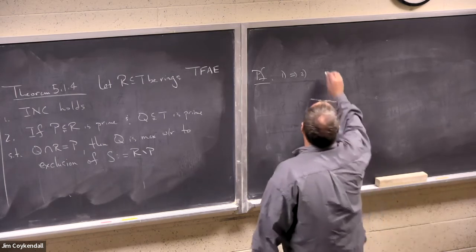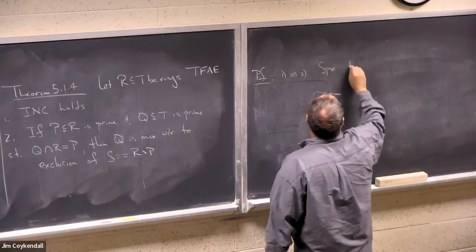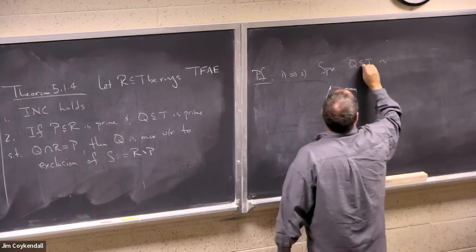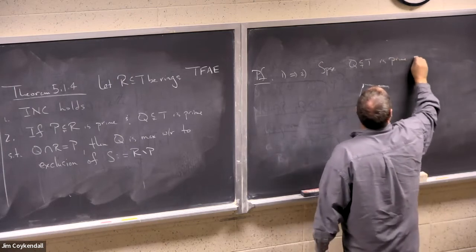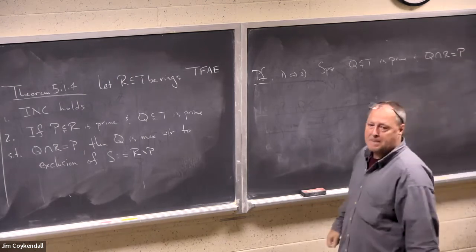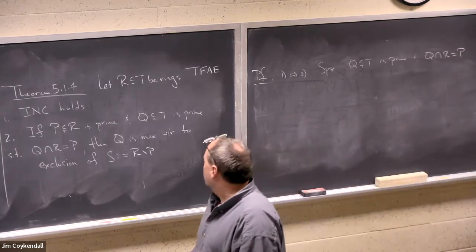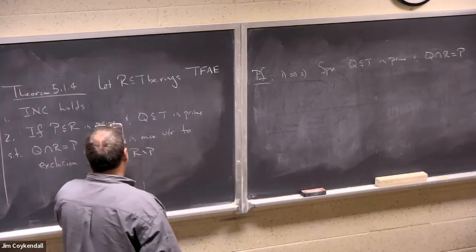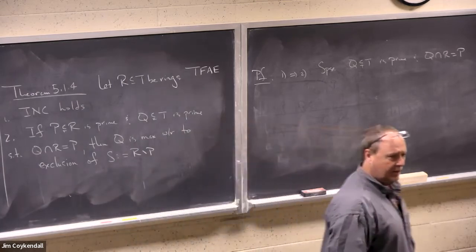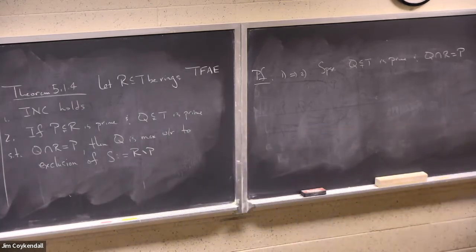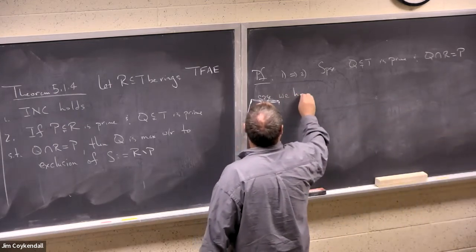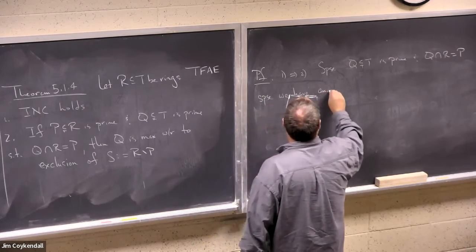Well, suppose Q in T is prime, and Q intersect R is equal to P. We need to finish the statement. We need to show that Q is somehow maximal with respect to the exclusion of S. Suppose you have another prime.